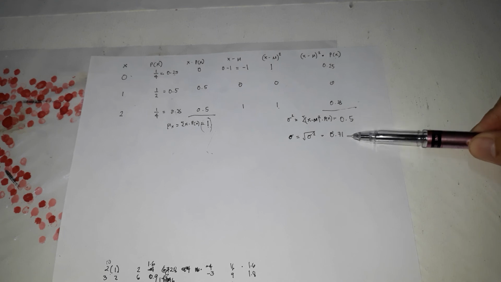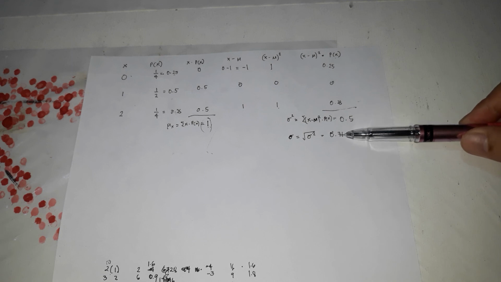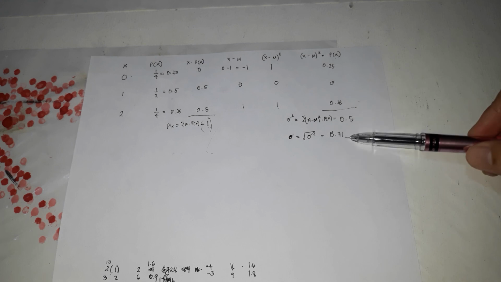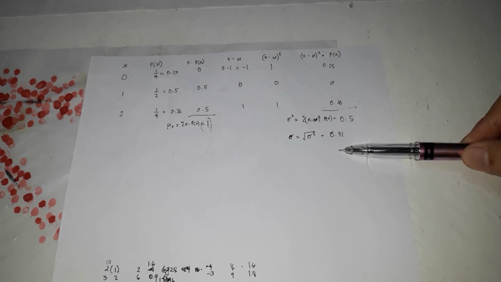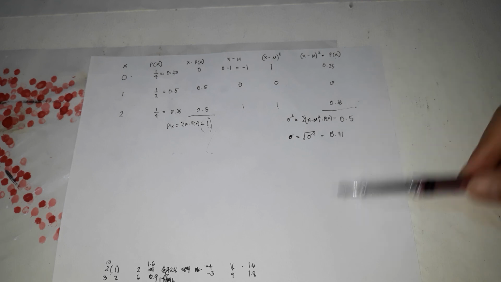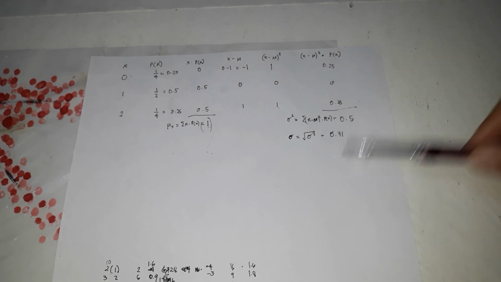Next, the spread of the score is 0.71. It means that the scores or the values are not spread out. If you solve and get a very high standard deviation or variance, it means that the scores are spread. Ibig sabihin yan, maraming possible outcomes. Kapag maraming possible outcomes, ibig sabihin yan, you have less chance of winning.